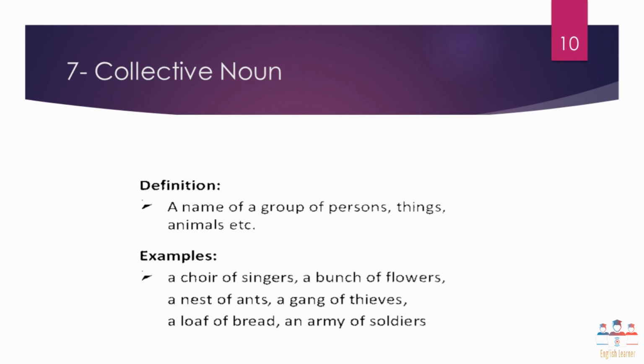Examples: a choir of singers, a bunch of flowers, a nest of ants, a gang of thieves, a loaf of bread, an army of soldiers. It means you deal with it as a single entity, but it may include subunits. For example, a collection of books we may call a pile.